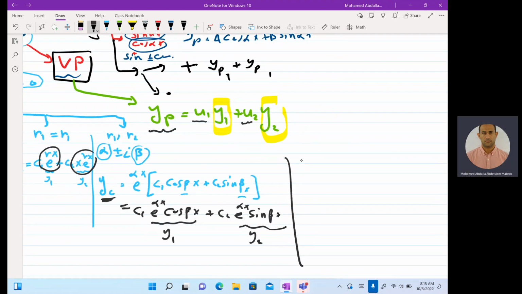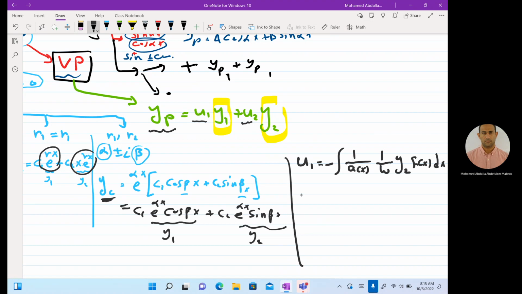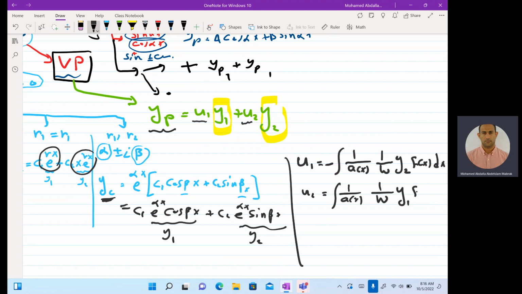Very simple. We say u1 equals negative integration of 1 over a of x, and let's write it this way from now because we're going to need this later, 1 over w, y2 f of x dx. u2 equals integration, without the minus, 1 over a of x, 1 over w, y1 f of x dx.